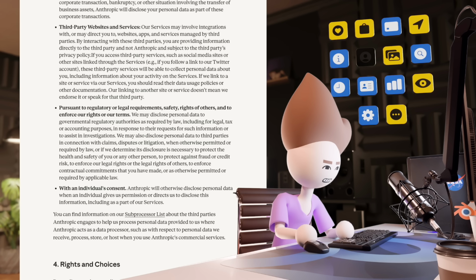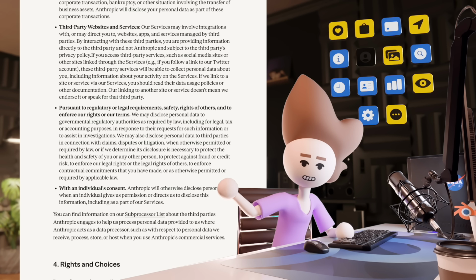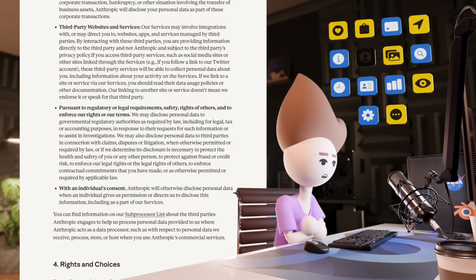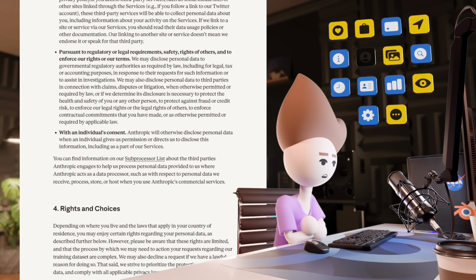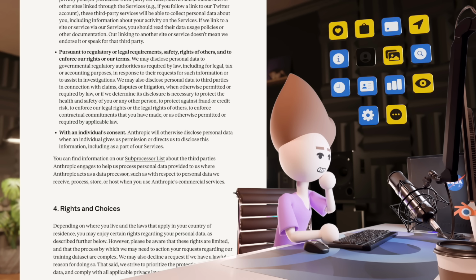We may also disclose personal data to third parties in connection with claims, disputes, or litigation when otherwise permitted by law, or if we determine the disclosure is necessary to protect the health and safety of you or any other person, to protect against fraud or credit risk, to enforce our legal rights or the legal rights of others, to enforce the contractual commitments that you have made, or as otherwise permitted or required by applicable law. With an individual's consent, Anthropic will otherwise disclose personal data when an individual gives us permission or directs us to disclose this information, including as a part of our services.